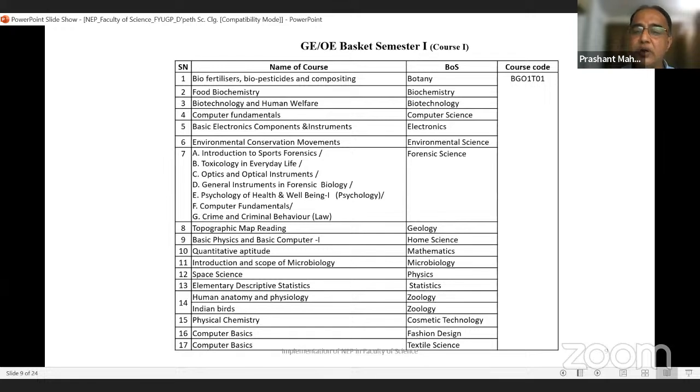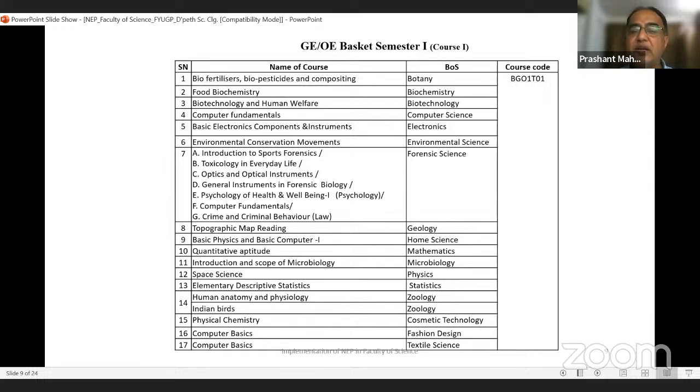The responsibility we have already shouldered on the Board of Studies. Where botany is written, biofertilizer, biopesticide and composting will be required to be taught by the teachers of botany. The paper will be required to be set by the teachers of botany. Moderation, evaluation, modification in the syllabus, everything will be taken care of by that board, because we are expanding flexibility, because our canvas has become very big.